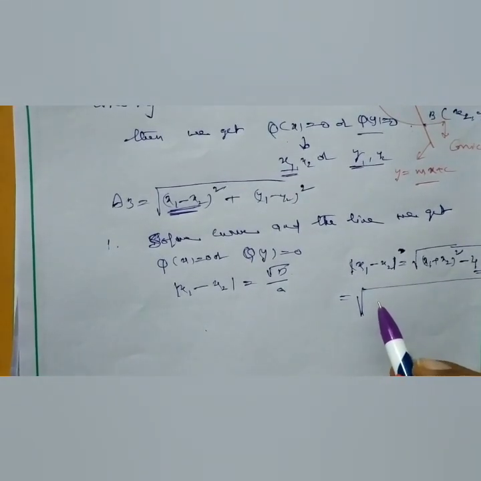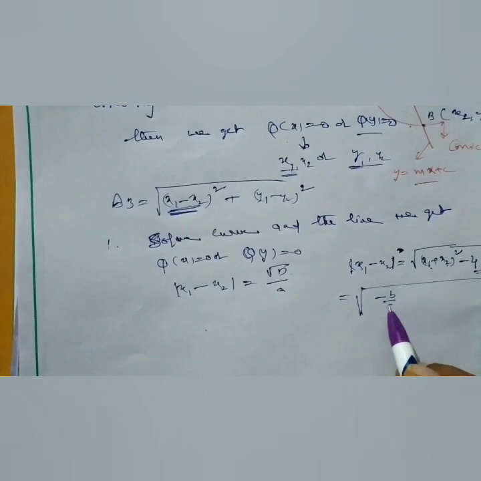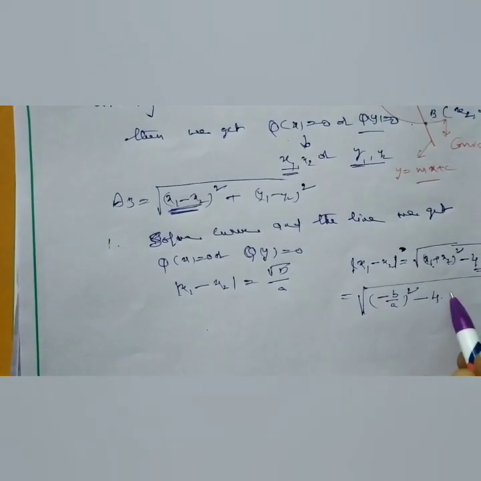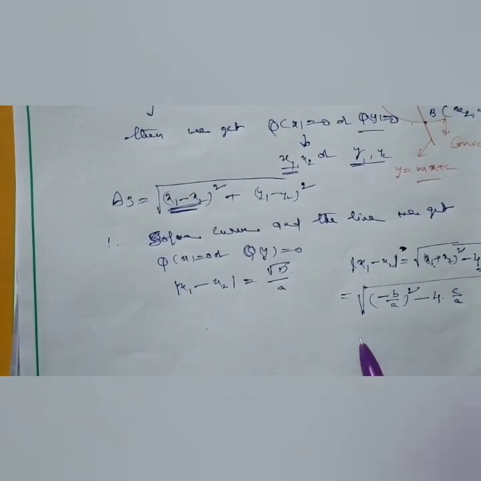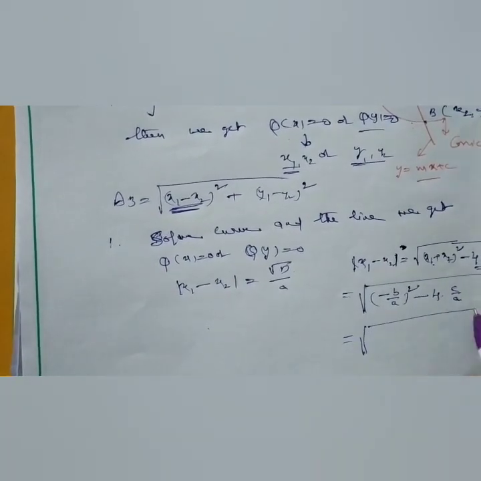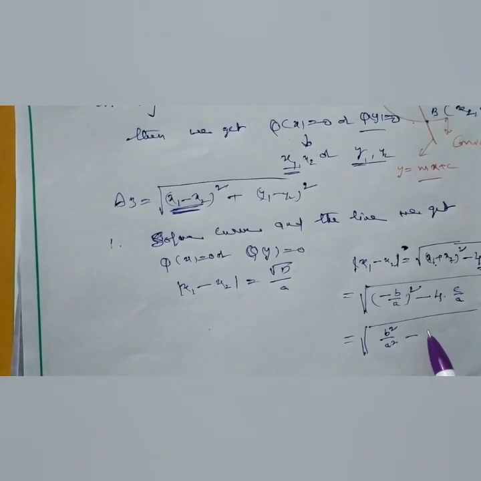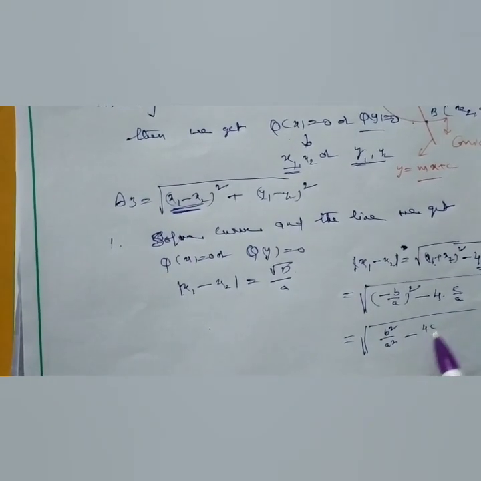Here x1 plus x2 means the sum of the roots. From the equation, it is minus b by a, whole square, minus 4 x1 x2, that is c by a. This equals the square root of b square by a square minus 4c by a.